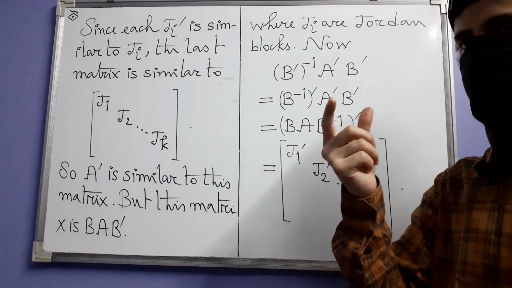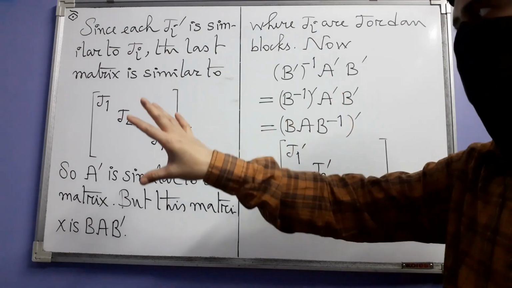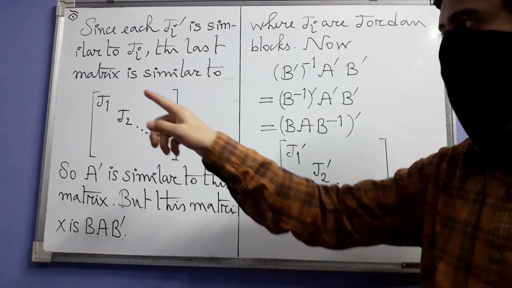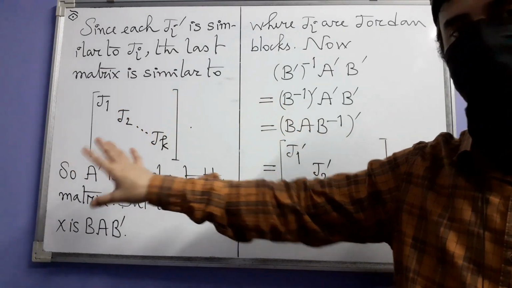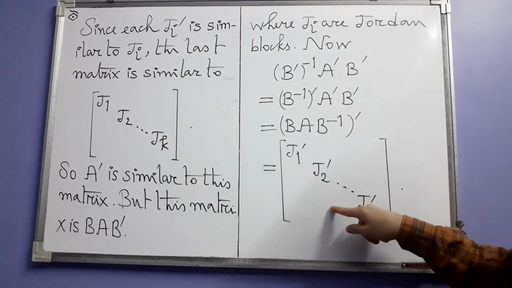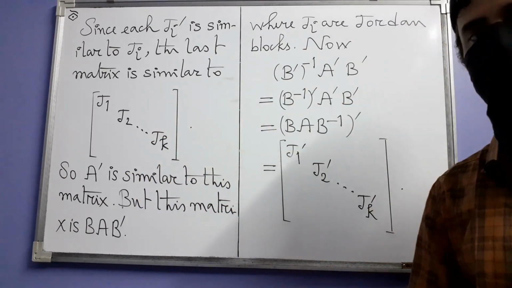So you can use those similarity relations to construct a matrix of this size. That will give you the similarity between this matrix and this matrix. So these two matrices are similar. But A prime is similar to this, and that is why A prime is similar to this matrix.